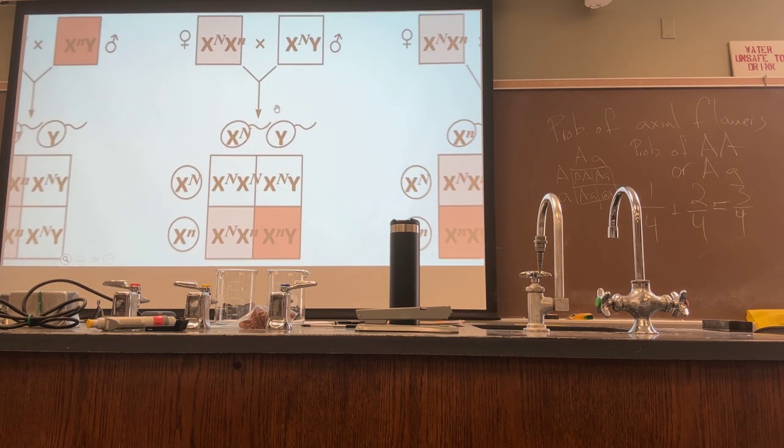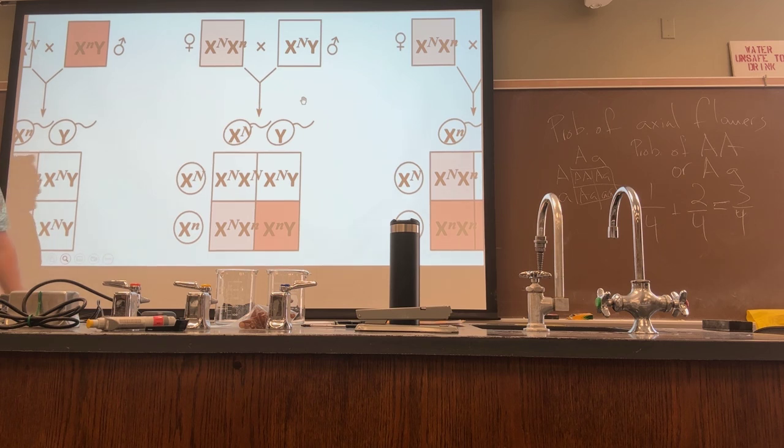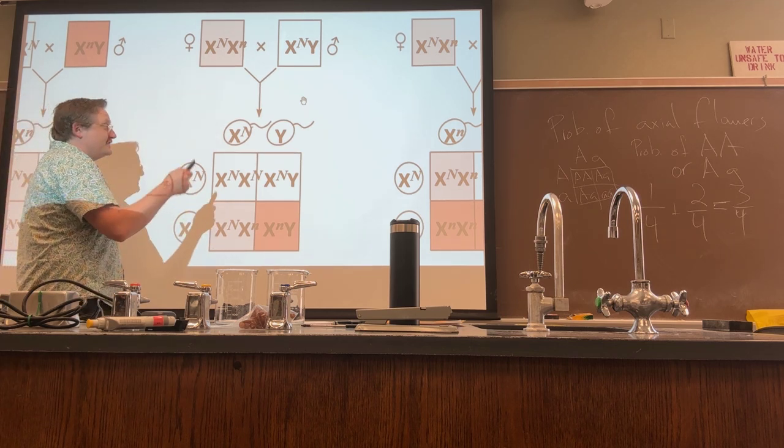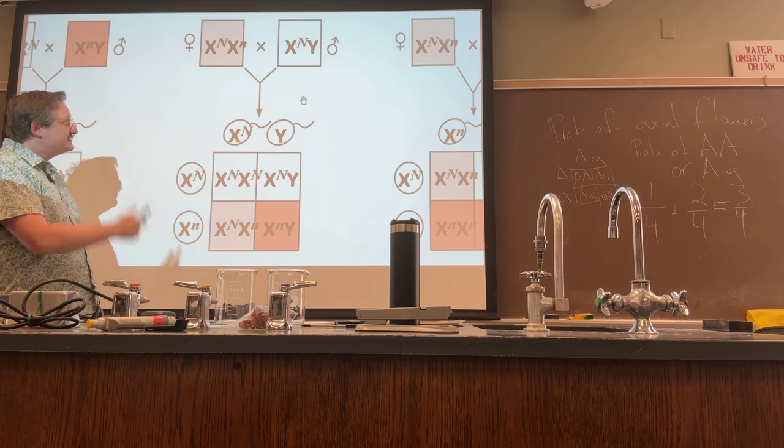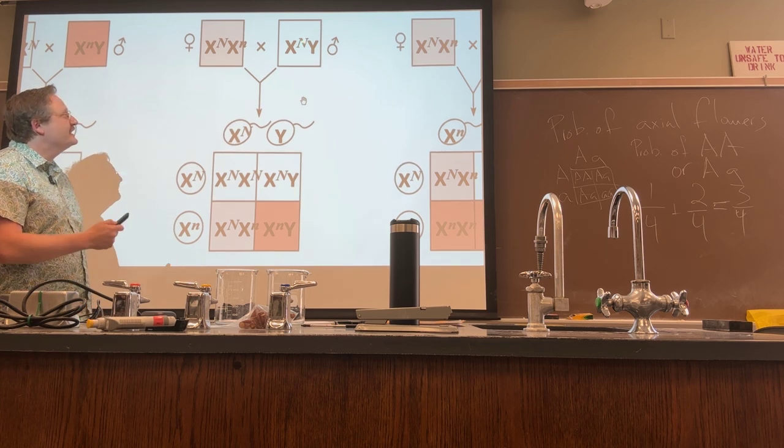The lowercase indicates the recessive allele. So in this case here, we have an XX individual who is heterozygous for hemophilia, being a carrier. The lowercase n is the recessive allele encoding hemophilia in this case. The XY individual here has a dominant X gene for hemophilia.